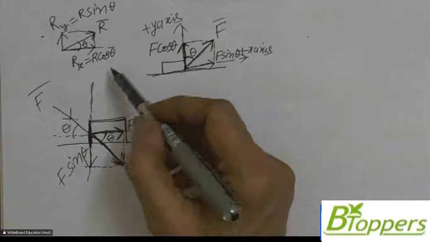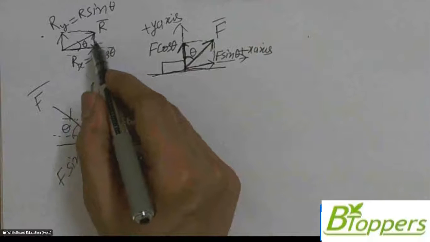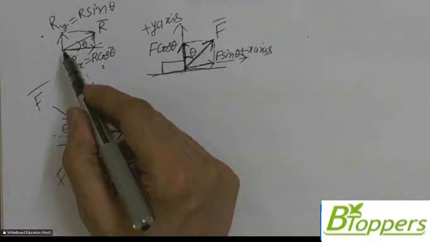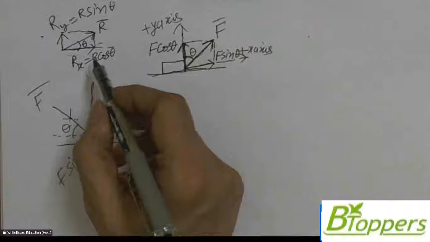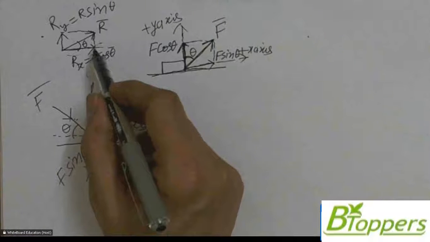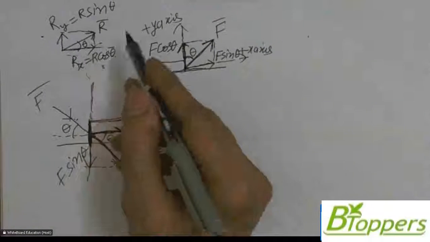Again, going to the first diagram, if the vector r bar lies in xy plane and if it makes an angle theta with the positive direction of x-axis, then Rx equal R cos theta, Ry equal R sin theta.